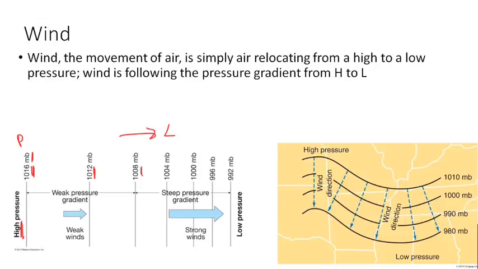So here we have a high pressure, here we have a low pressure, and these arrows are what we call your pressure gradient force. They're actually what's going to drive your air particles from, in this case, left to right, from high to low pressure. Pressure gradient force.